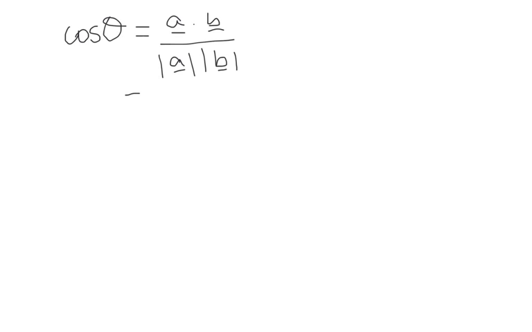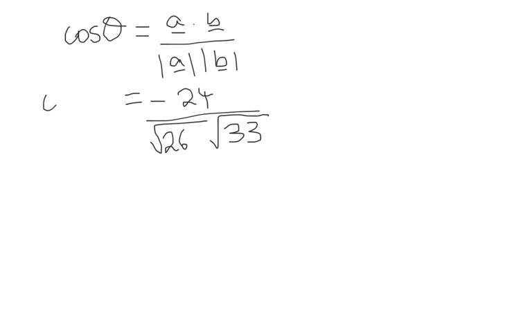Putting it all together with the formula, cos theta equals A dot B over magnitude A magnitude B. A dot B was negative 24, that's the numerator. Magnitude of A was root 26, and magnitude B was root 33.